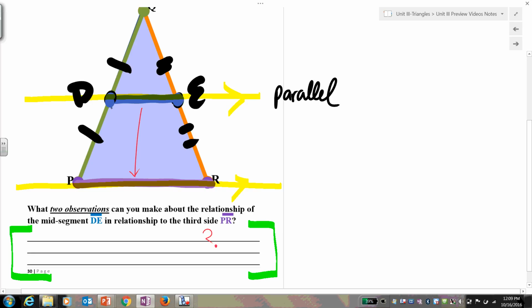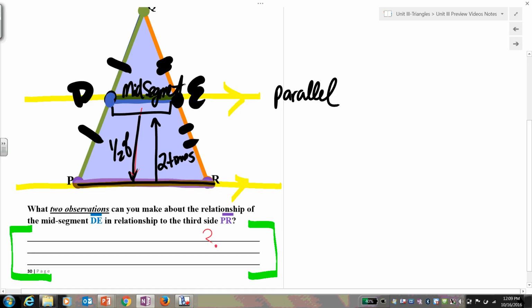The second is the fact that DE is half of PR, or you could say PR is 2 times as big as DE. DE has a name. Because it connects midpoints, it is called a mid-segment. Now ask yourself, are either of your predictions correct?